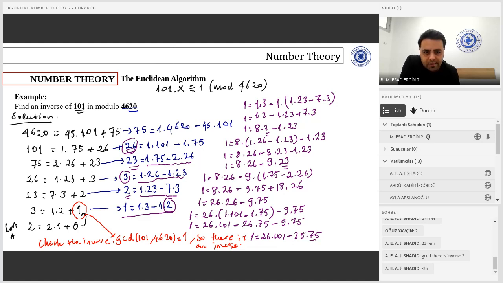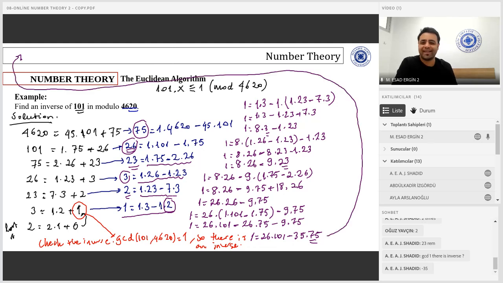We are going to rewrite the 75 here. I'm not changing the color because of the perception of your view of the solution.